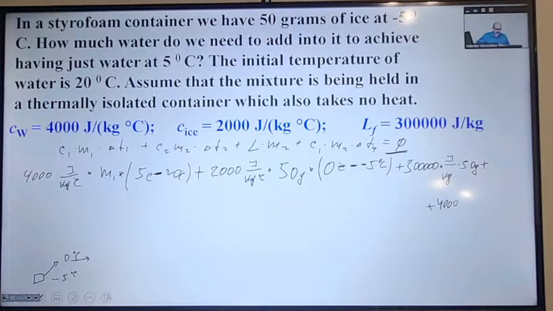It's about water, 4,000 joules per kilogram Celsius times, and for water, this was from 20 to 5 degrees Celsius. And this is from 0 to 5 degrees Celsius. So final temperature is 5, and initial was 0. And the whole thing is equal to 0.